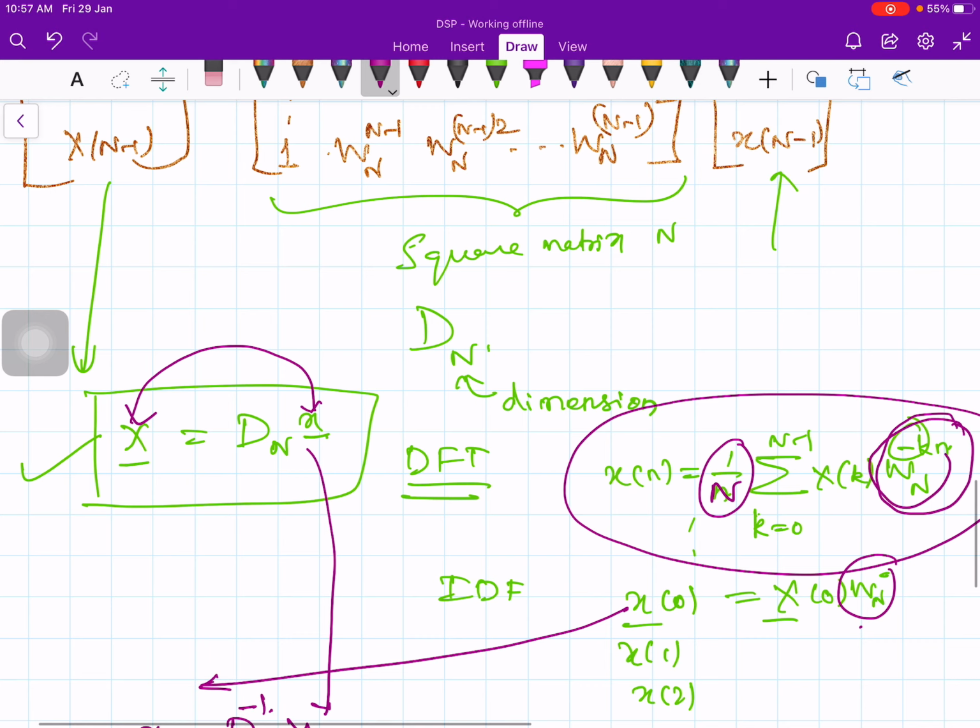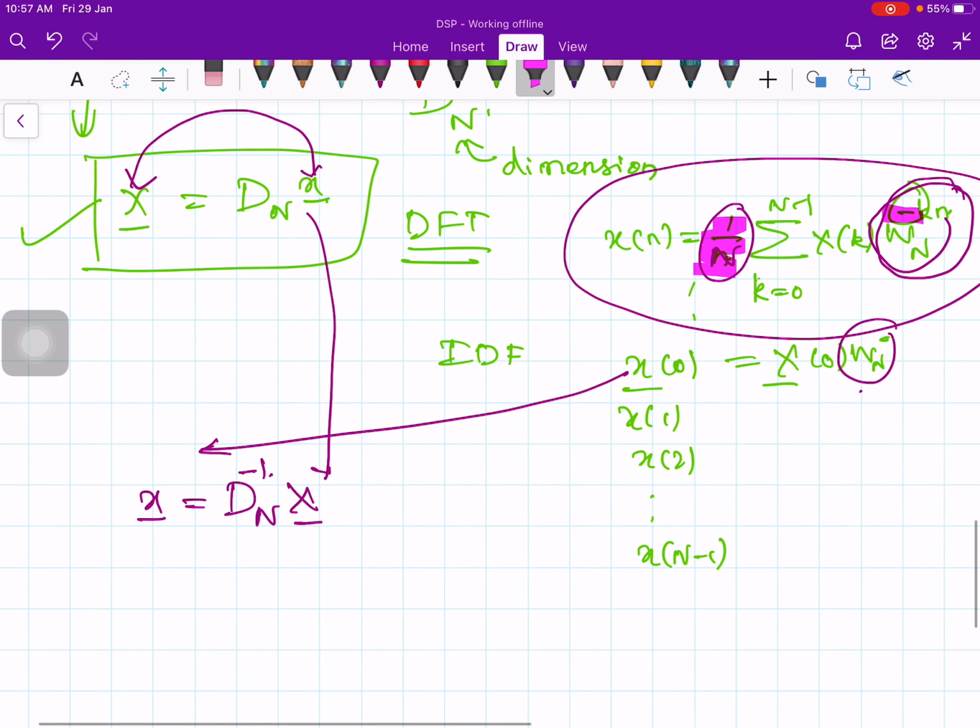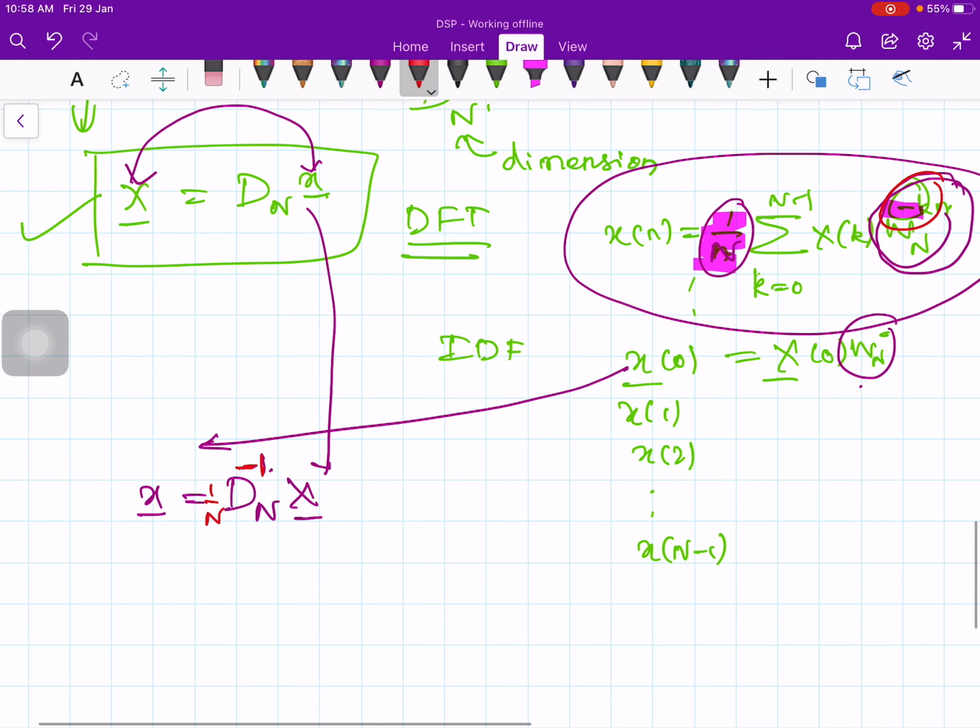That is the only difference. Look at the minus symbol here, and this multiplication factor. So let me put 1 by capital N here, and because of this minus, I took the inverse operation. Therefore x bar is equal to 1 by N, the square matrix Dn, you take the inverse of that, times X bar. So this is the IDFT.